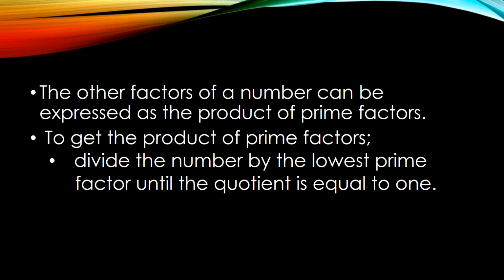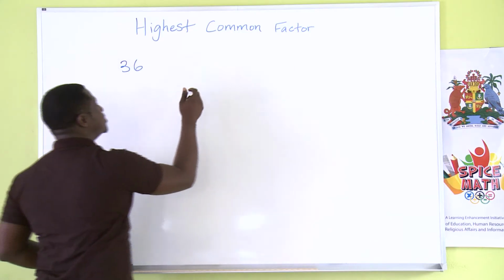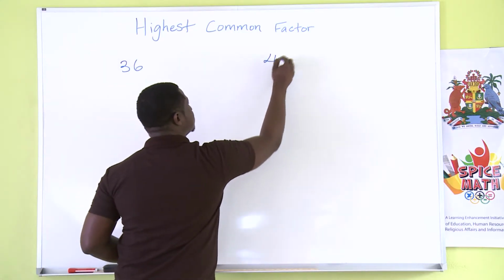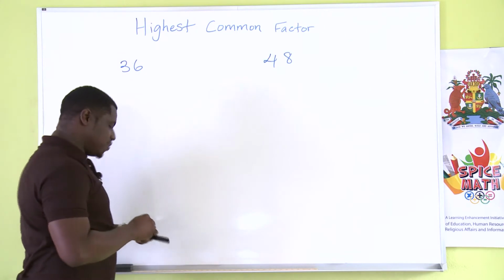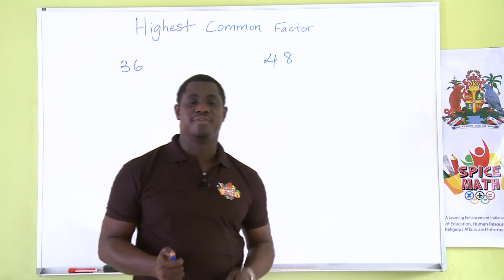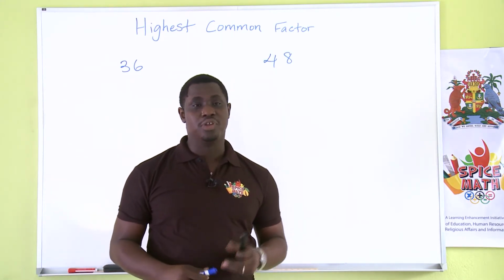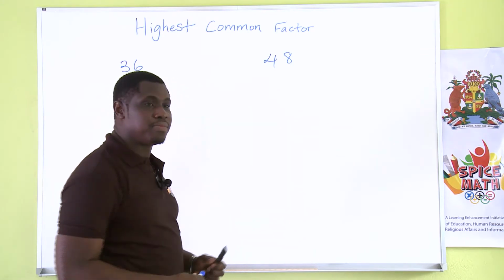Now, for us to be able to find the other factors of composite numbers, we can use the method of identifying or finding the product of its prime numbers. How do we do that? Let me demonstrate. If I have the numbers 36 and 48, first of all, I want us to find the factors of the number 36.